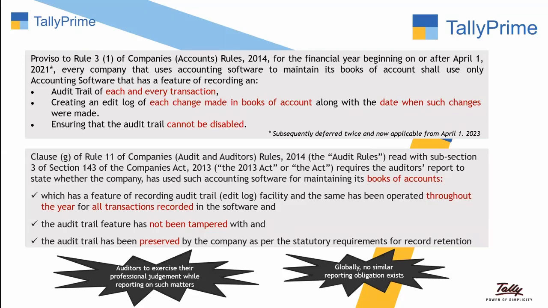Obviously, it is the management. So first the management will have to read through the expectations, and then of course the auditor will be reporting on what has actually happened within the company's books of accounts. So I highly recommend going through the guidance note issued by the Institute of Chartered Accountants.